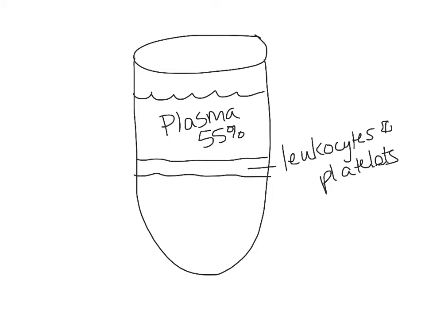And then down at the bottom we're going to have the formed elements. We're going to have mostly red blood cells down here, and the red blood cells are going to make up about 45%. So that's kind of where we're starting out.